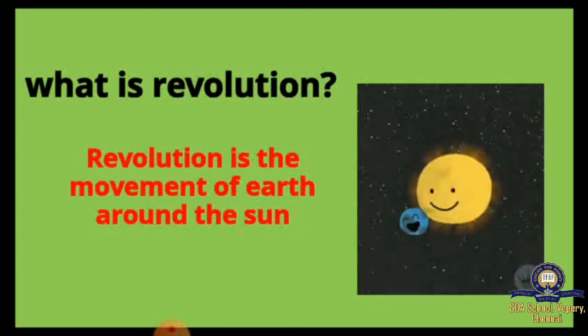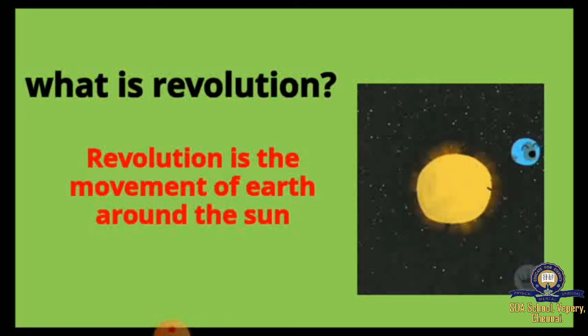It takes the earth about 365 days or 1 year to complete one revolution. That means to complete one revolution, it takes 365 days.